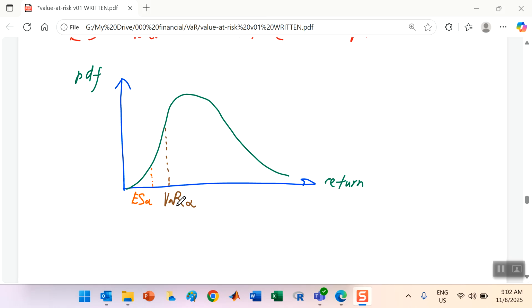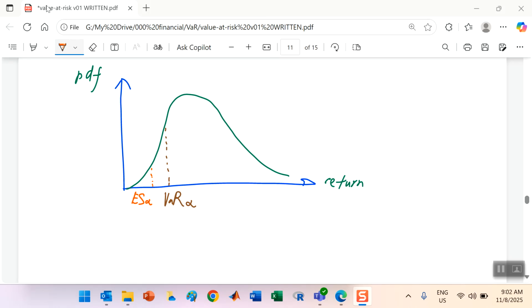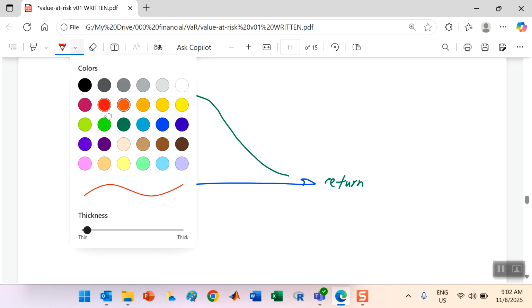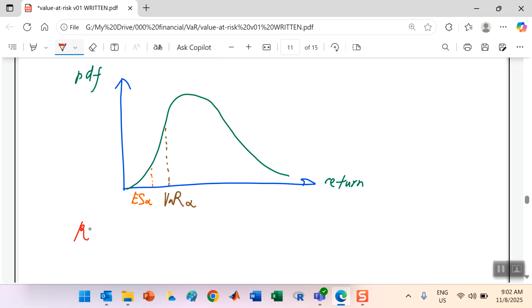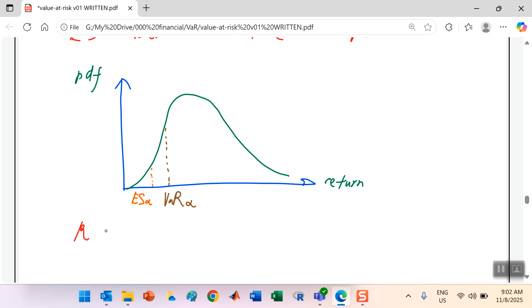R here is the portfolio returns. You're talking about a group of investment assets, so this is the overall returns, where this distribution follows the student T distribution.